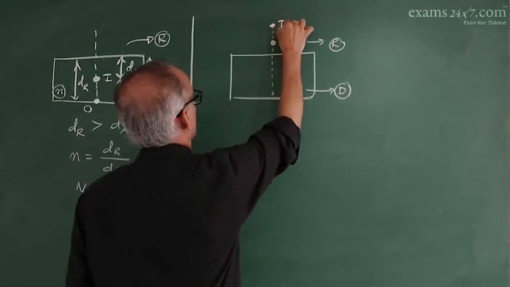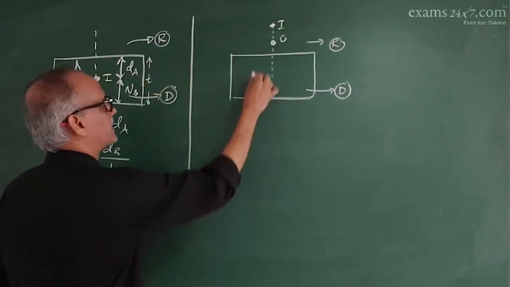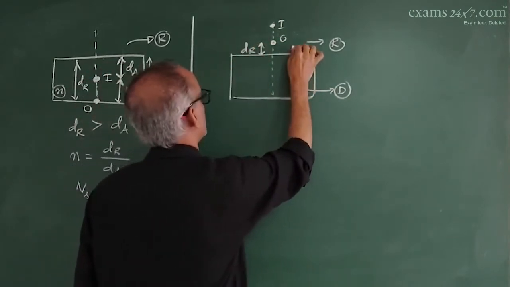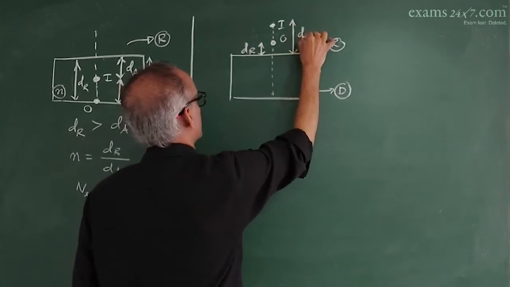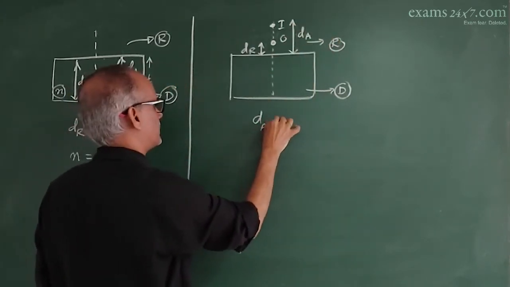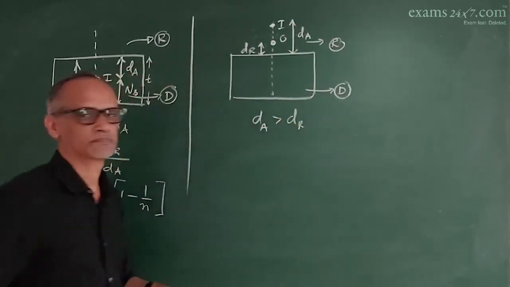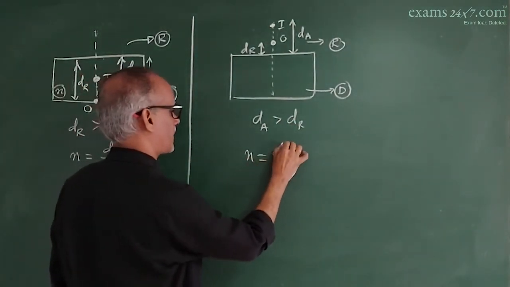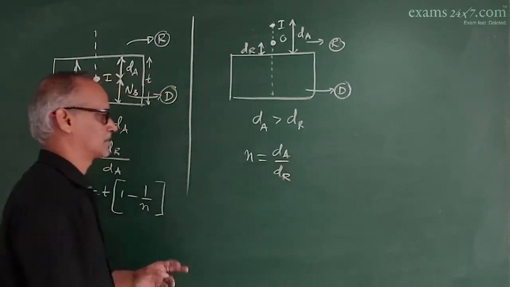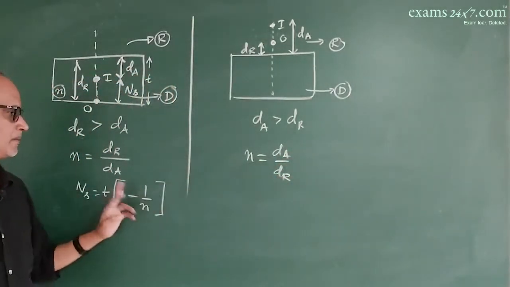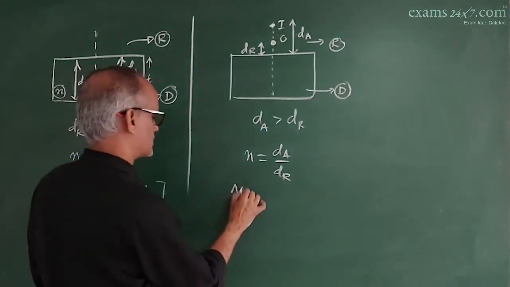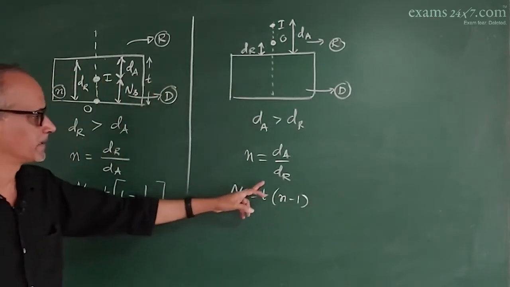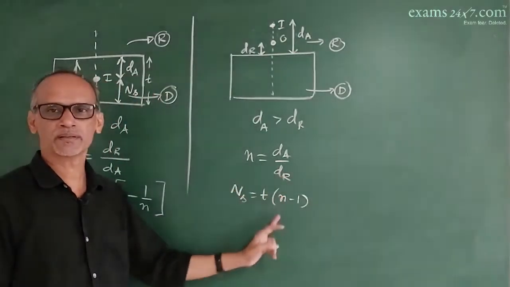So that's here, I. From the interface to the object is the real depth, which is dr. From the interface to the image is the apparent depth, and here the apparent depth is more than the real depth. Therefore, the absolute refractive index n is given by dA by dR. So see the difference here. Based on that, we get a formula for normal shift, which is Ns is equal to T into n minus 1. Instead of T, you can even write dr, where T is nothing but the real depth.